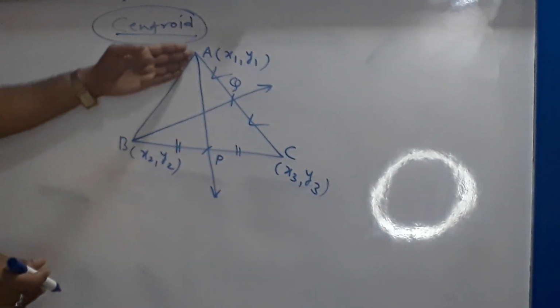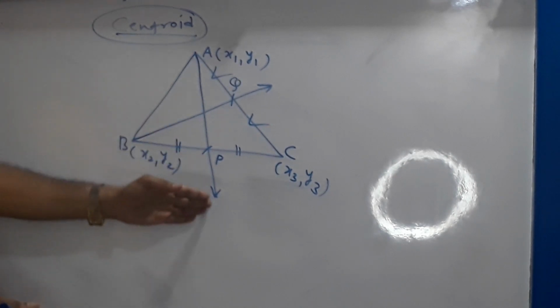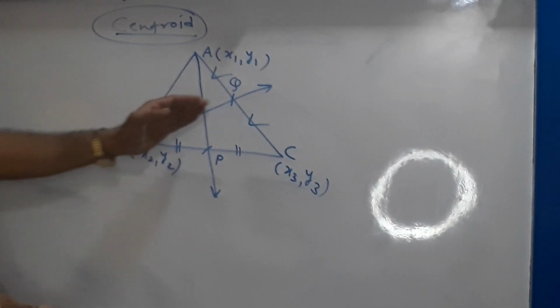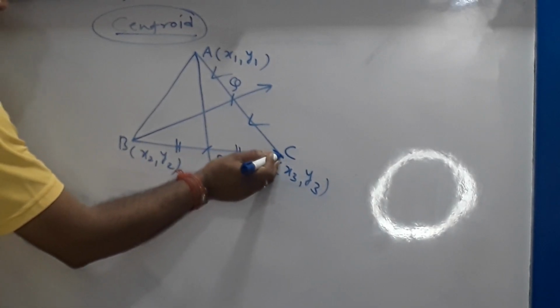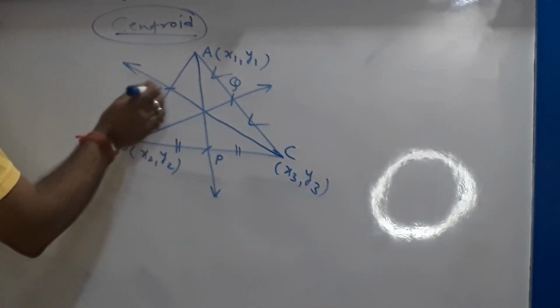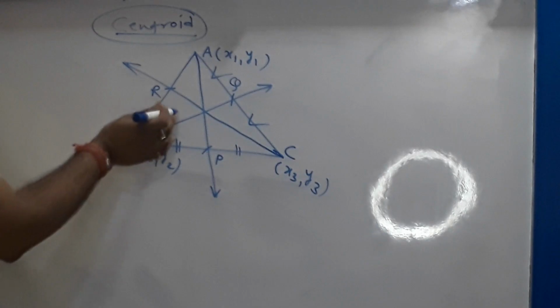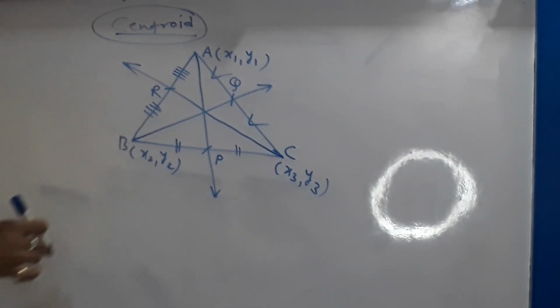From this vertex, draw a median to this side. From this vertex, we draw a median to the opposite side. This is R. So CR is a median, which means this side is equal to this side, correct?